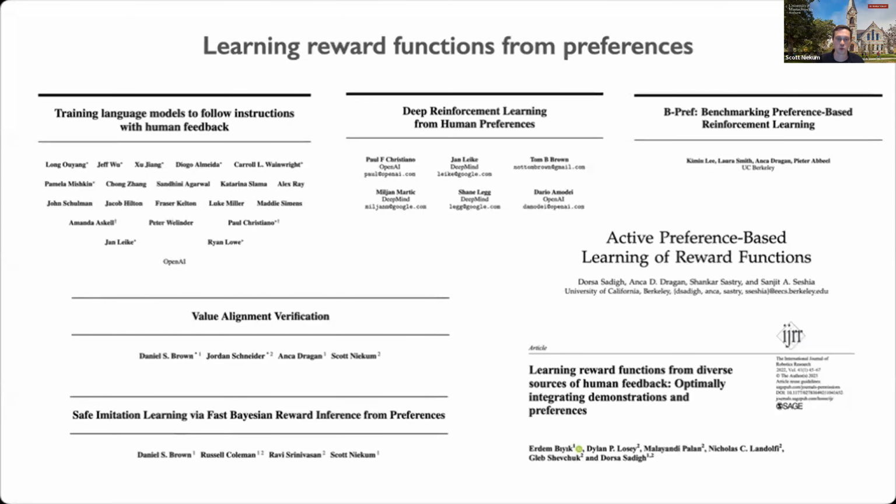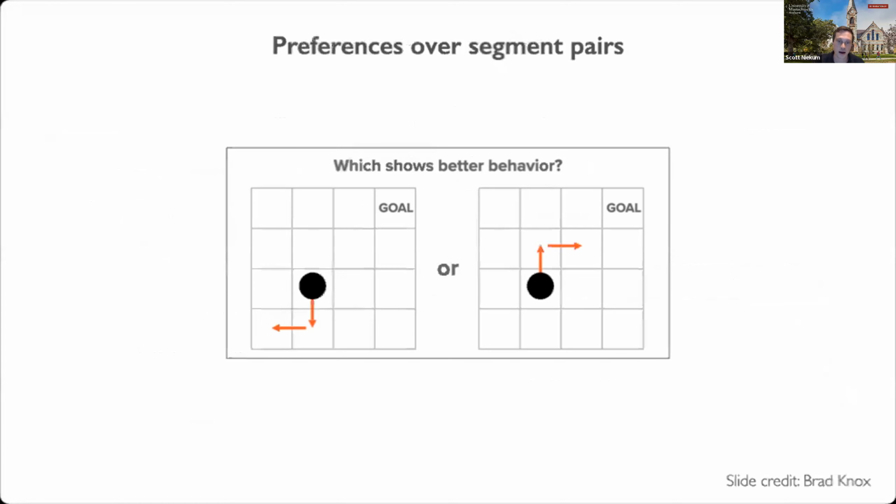The most well-known version of this is this paper in the upper left-hand corner, training language models to follow instructions with human feedback, which was the InstructGPT paper, the predecessor to ChatGPT. But lots of different approaches now are using this, ranging from active learning methods for robotics to alignment verification methods. It's being used all over the place.